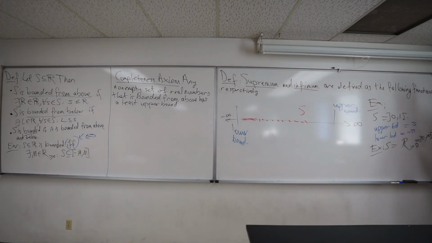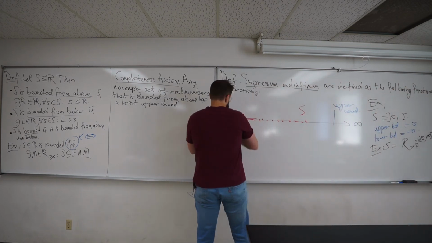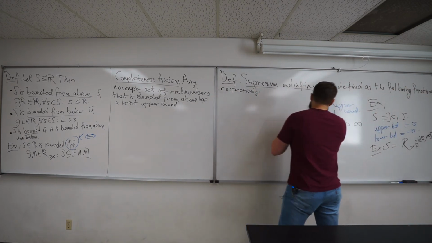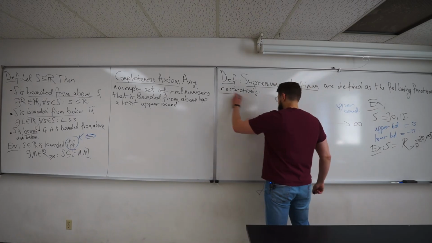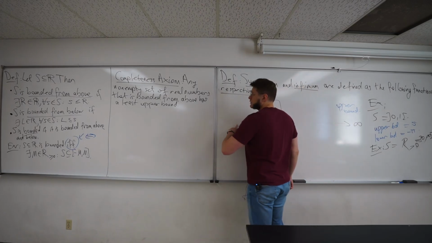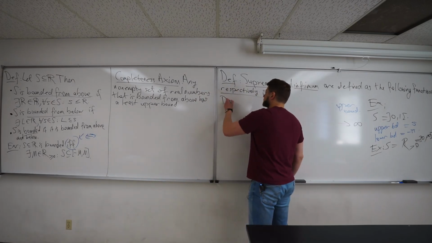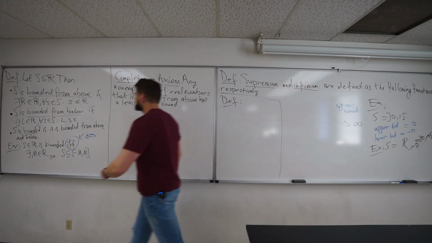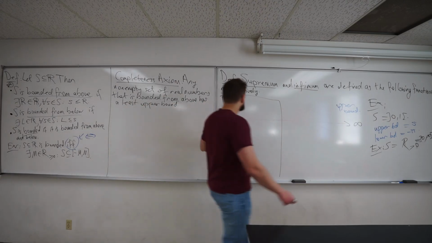So let's say, I'll just add a small definition here. This one comes right after this one. Maybe I should say this is definition star. This is an addendum to star.